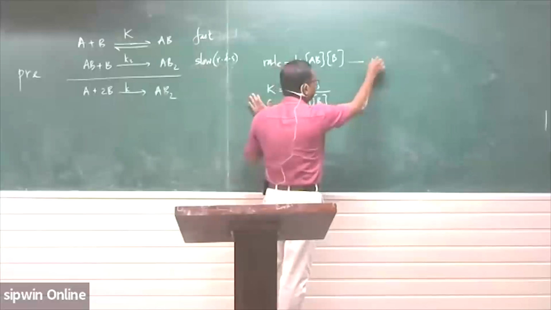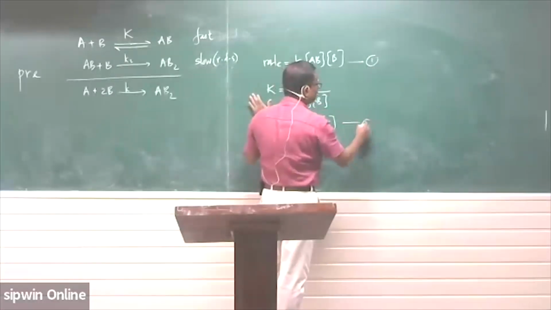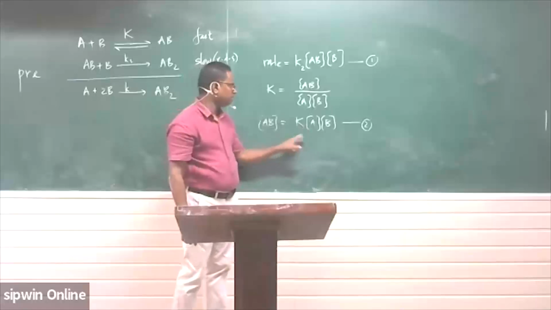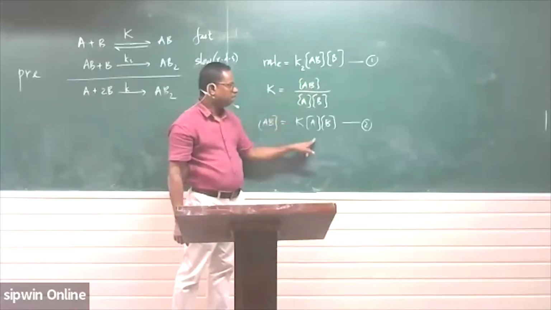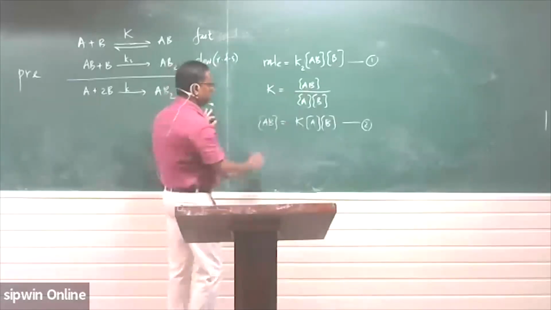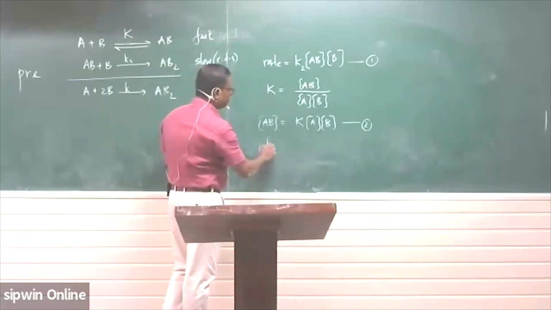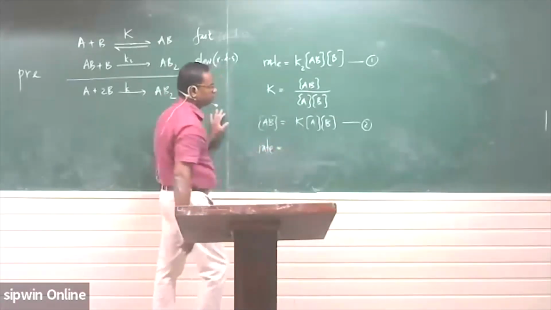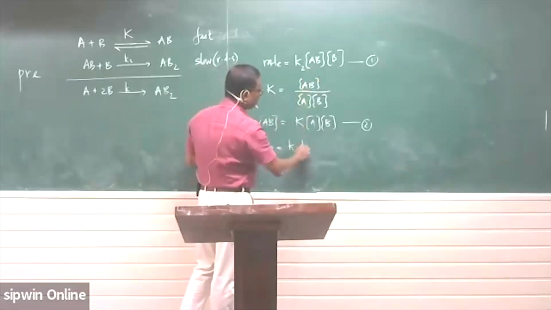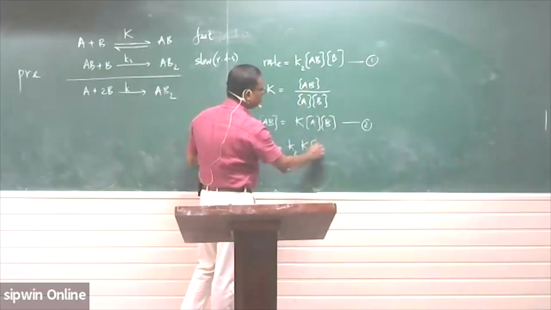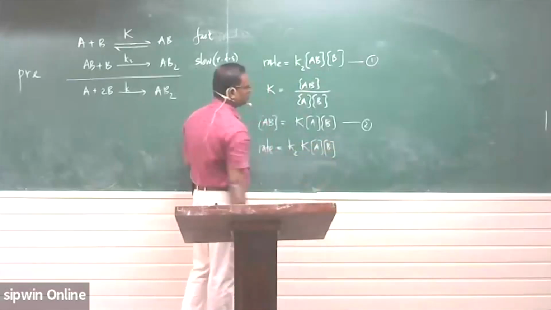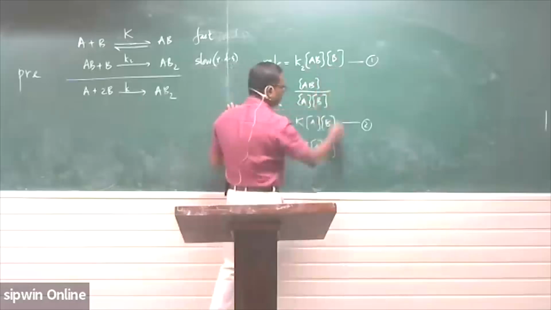This is the rate equation. This is another relationship. Now I substitute AB instead of that one. Then I can write rate equal K2, instead of AB that one, capital K, A concentration, B concentration.